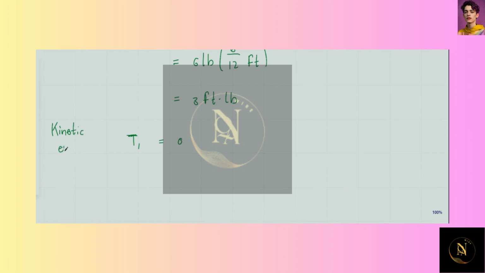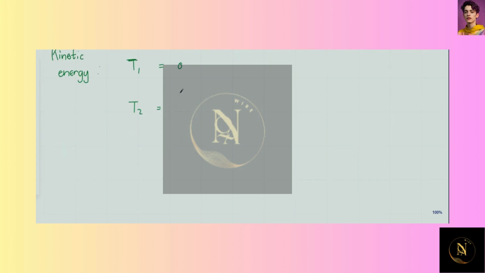So now we'll calculate kinetic energy. We've done the work. We'll calculate kinetic energies. T1 is equal to 0. T2, in the second state, is equal to a half ma va squared plus a half I omega squared, that's the angular contribution from the cylinder, plus the linear contribution of the cart, a half mb vb squared. We know that vb is equal to 0.6 va.